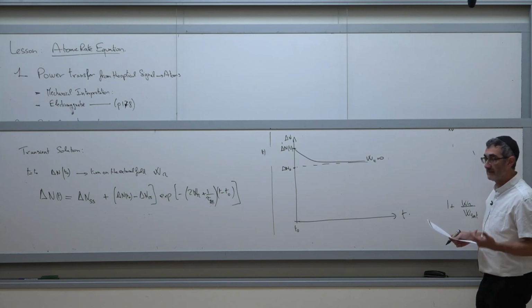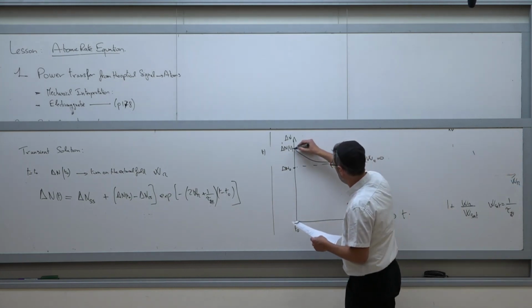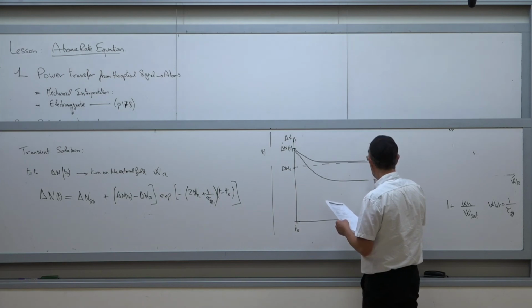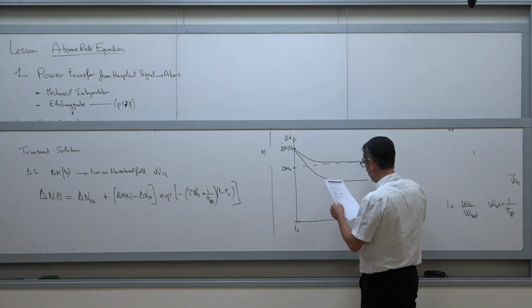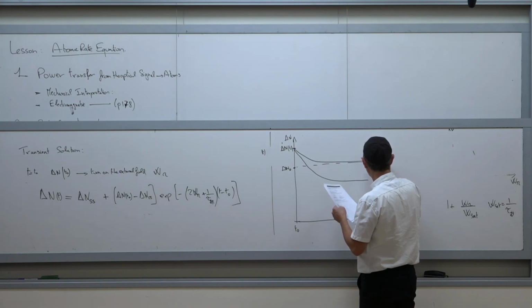If you now increase the intensity of the external field, you will have a faster decay going to lower values. This is W12. Actually, they plot it like that, as 2 times W12 T1. I forgot to define T1.